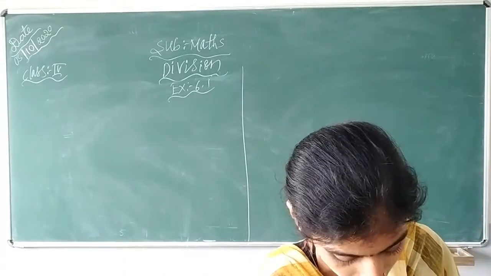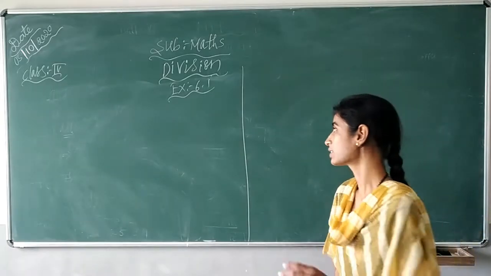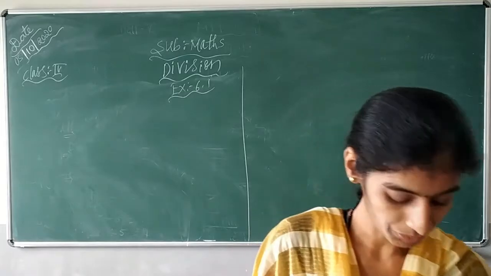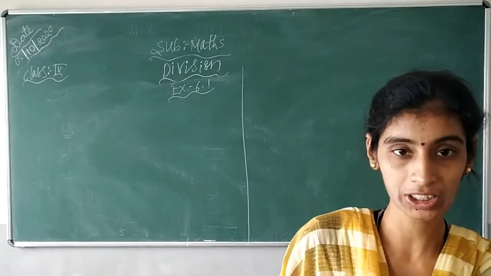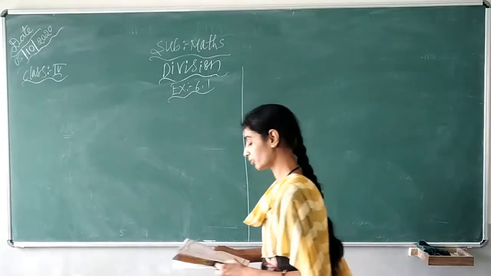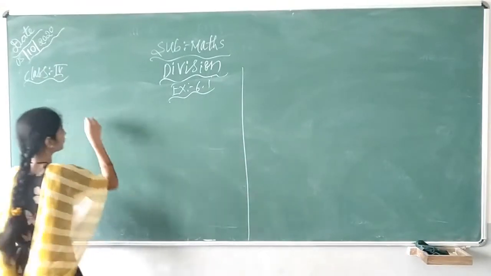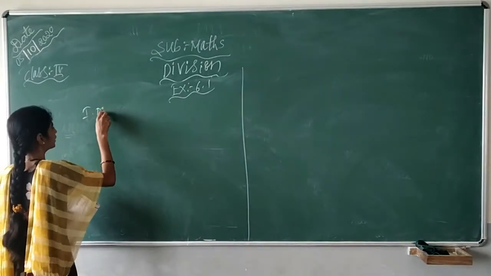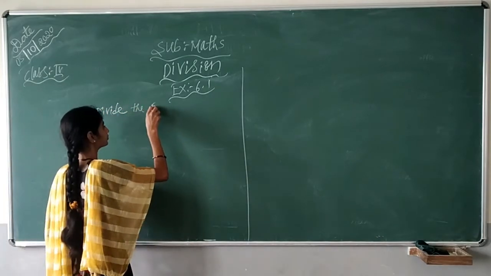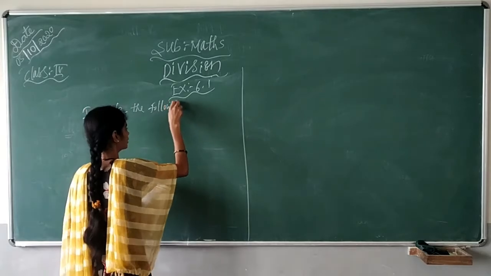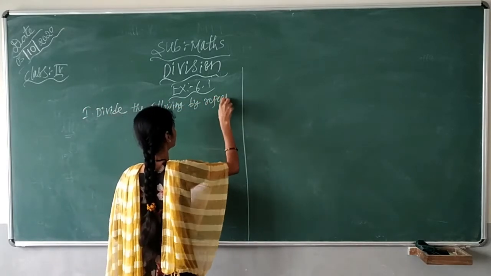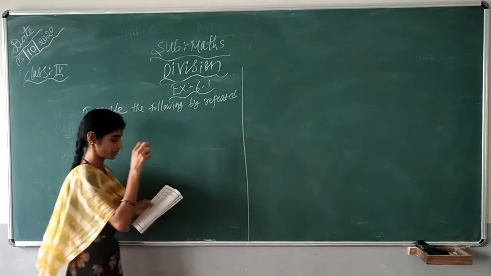Now in today's class we are going to start with exercise 6.1. Please open your classwork book as well as your textbook, page number 98, where you have exercise 6.1. The first part says divide the following by repeated subtraction.